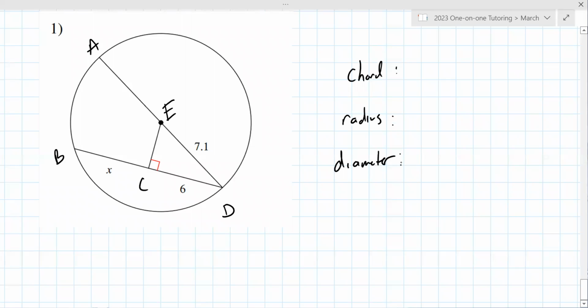A chord BD, good, a radius ED, good, and a diameter AD, good. And these should all have little segments above them, right?